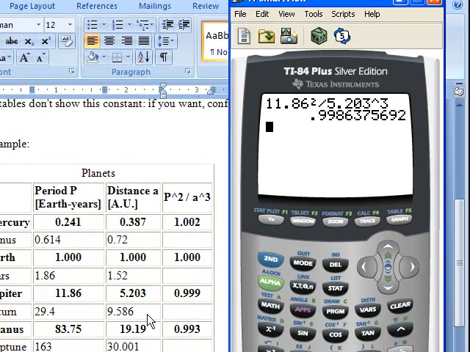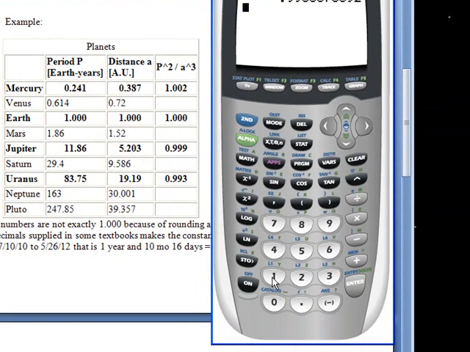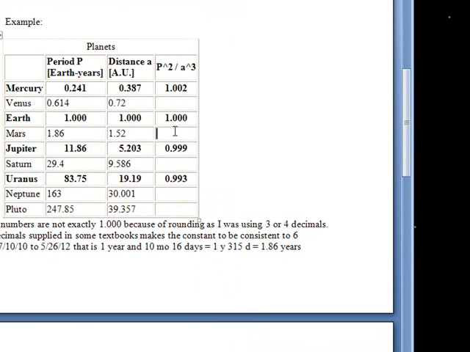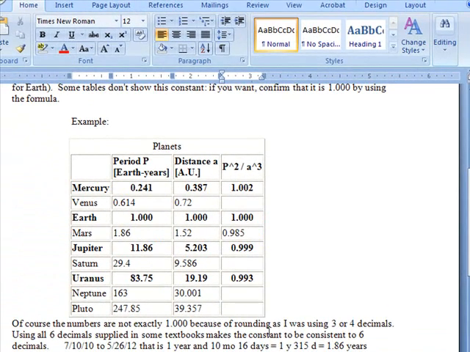And now I'm going to do Mars, 1.86 squared divided by 1.52 cubed, and I come up with 0.985, and that's what I'm going to write down, 0.985. And then I'll let you calculate the other 3 or 4 planets.